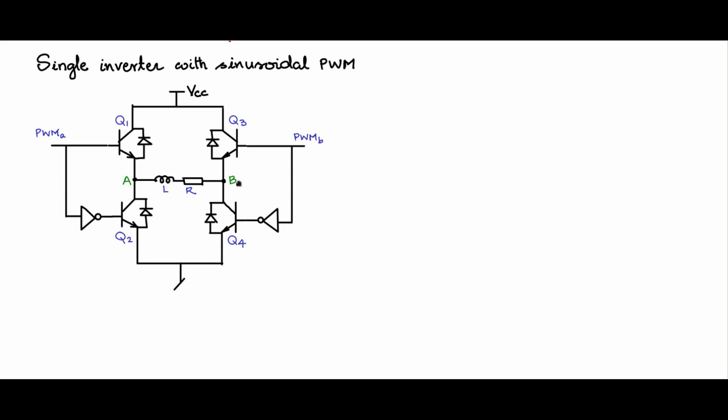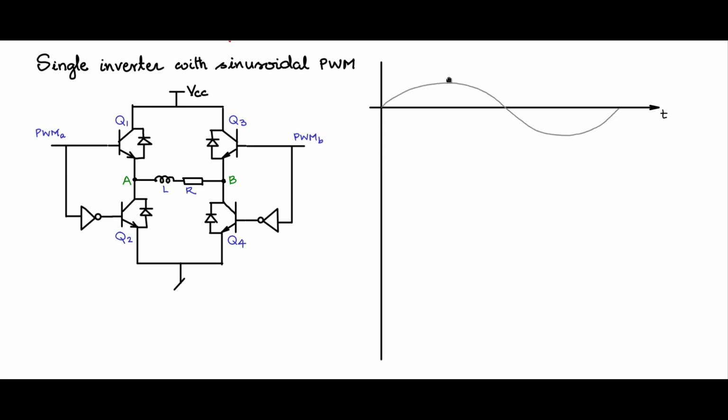So now let us draw some waveforms and try to understand how sinusoidal PWM can be established. Let us take a time waveform and let me draw the modulating signal. This is supposed to be the sine wave modulating signal, and it could be a 50 Hz sine wave if it is for a 50 Hz application.